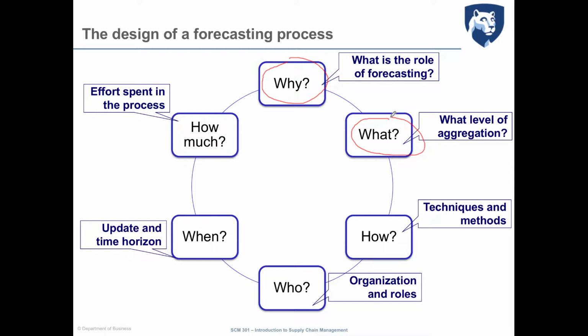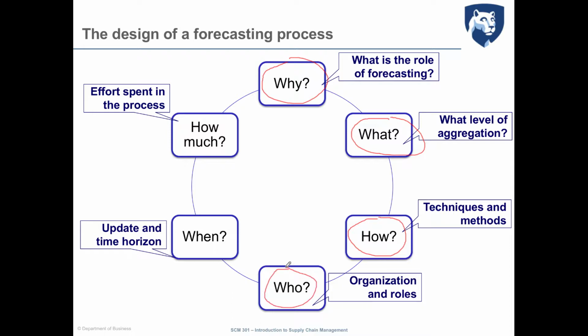So what we want to manage, which are the characteristics of the demand that we want to manage, and which is the level of description, the level of the unit of analysis of the demand that we want to manage. How we want to manage this demand, so which are the techniques and methods that we should use to manage demand, so manage this exogenous variable.